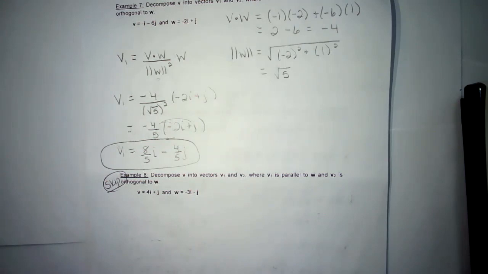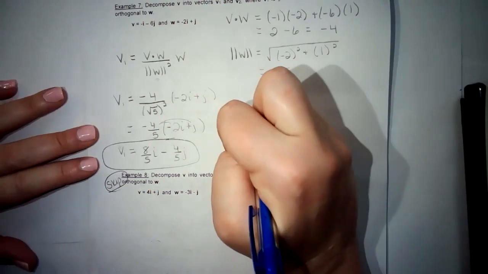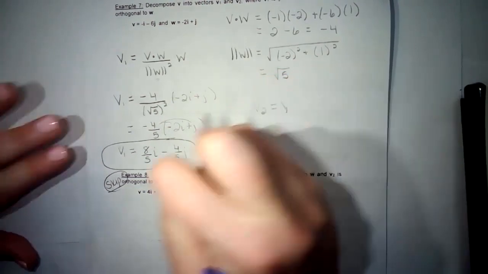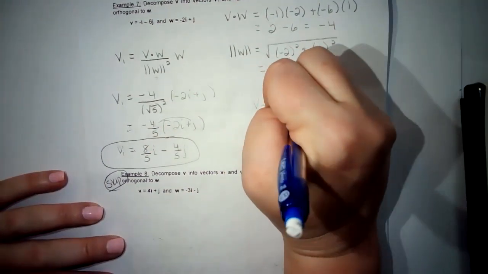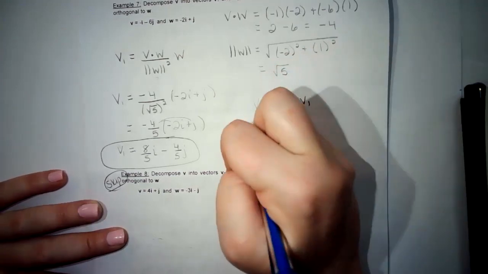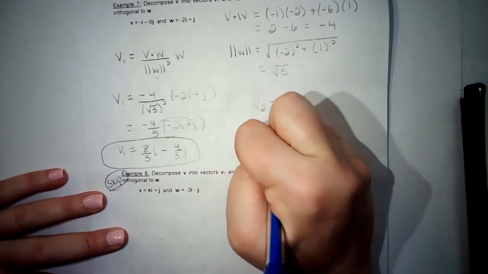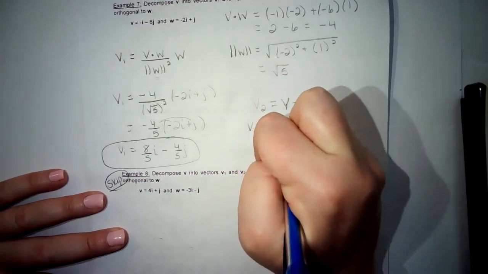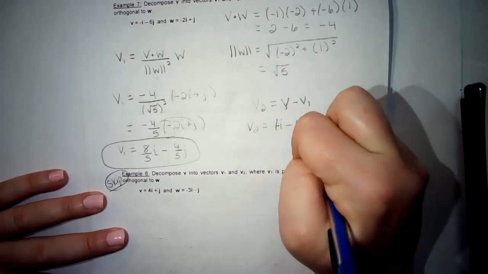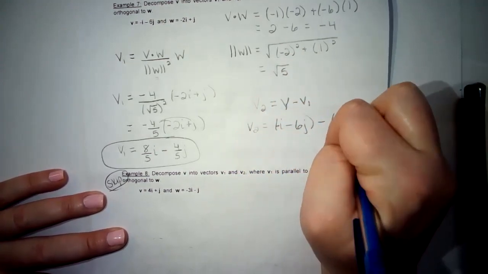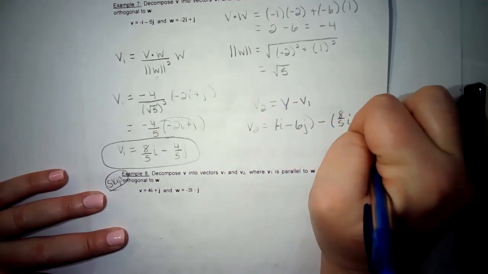Here's where it gets a little horrible, because how do you get vector 2? You have to subtract. I hate subtracting fractions. So I'm going to do it in my calculator. Remember, vector 2 is going to be vector v minus vector 1. So let's get it set up. Negative i minus 6j minus 8/5 i minus 4/5 j.